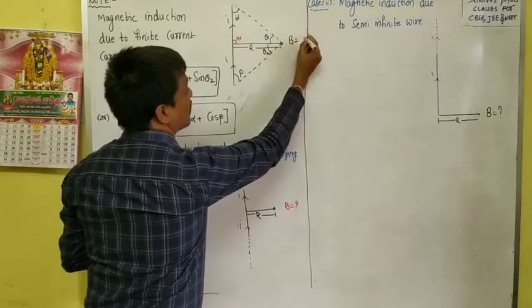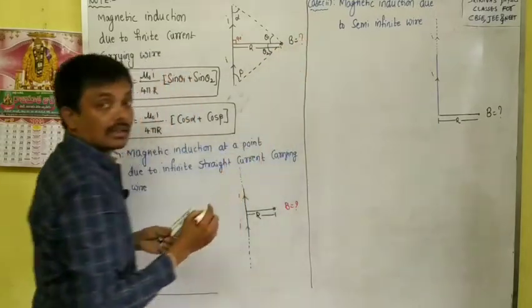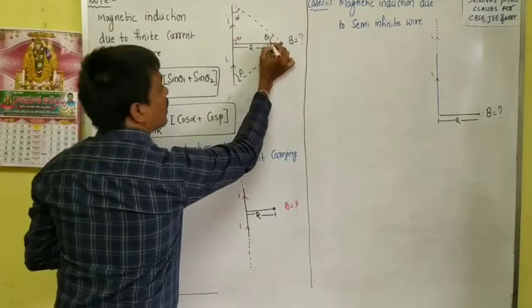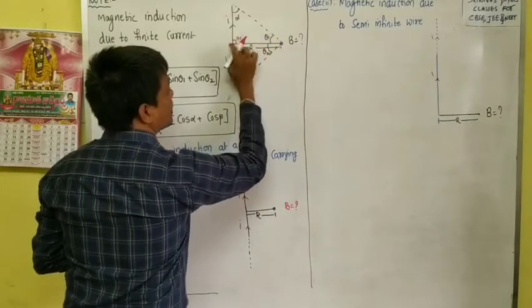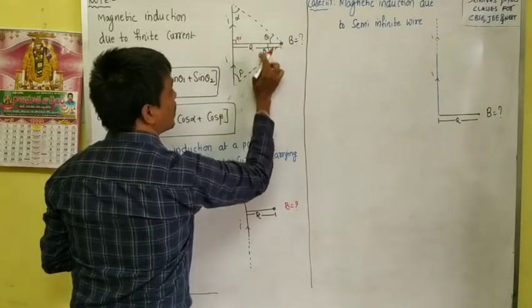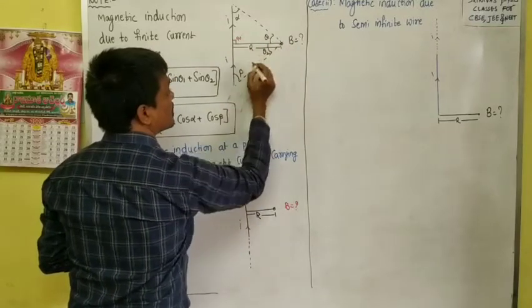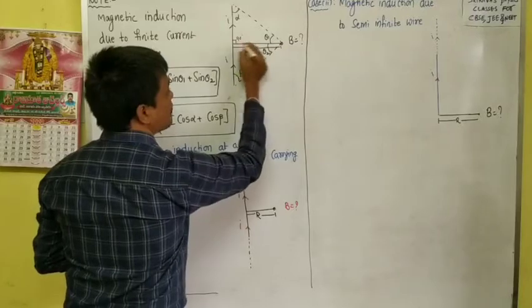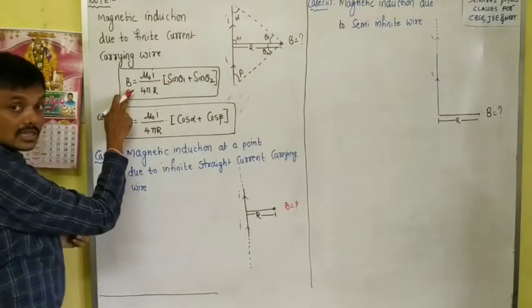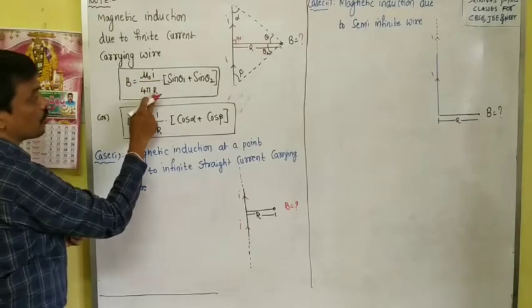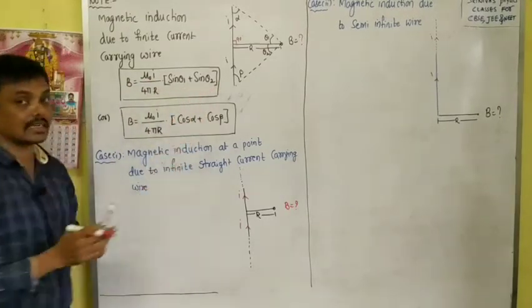The upper end of the wire makes some angle with this capital R line, and that is theta 1. When you join the lower end and this point, it makes some angle with the capital R, that is theta 2. Then the B formula we already derived just now: B is equal to mu naught I by 4 pi r into (sin theta 1 plus sin theta 2).